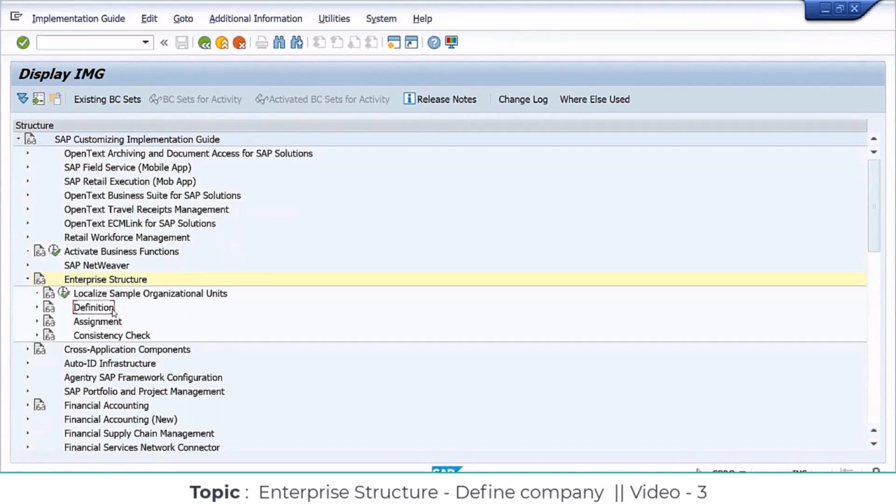Under definition, we are going to be defining each and everything. Whatever organizational units I've explained as of now, all of them are going to be done over here under definition.